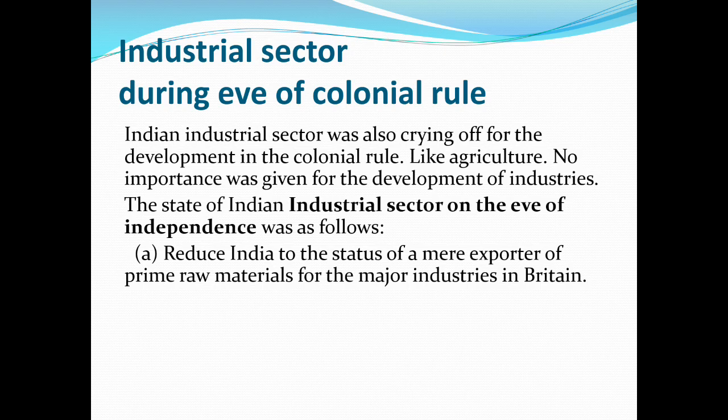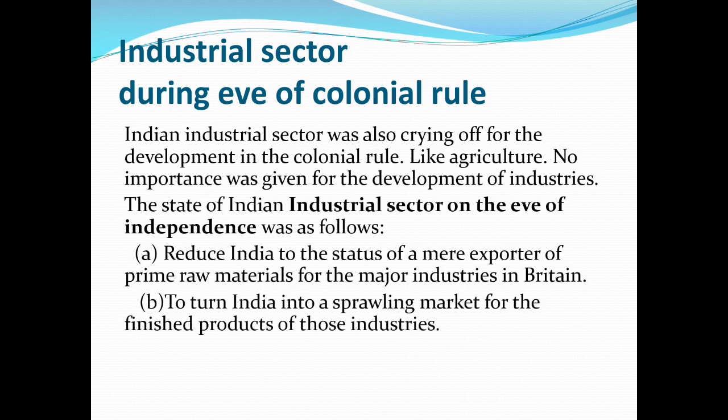These raw materials were exported to Britain, and over there they used to manufacture a final product, and then, as we'll see in the next point, to turn India into a sprawling market for the finished products of those industries. India too had its own products, isn't it?